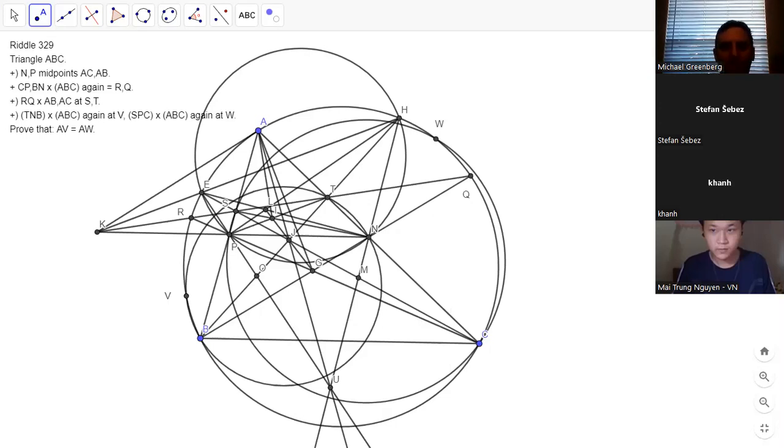Because when the circle T and B intersects circle ABC at V, it's not hard to prove that AVCH is harmonic. So even if we define it the way it is in the problem, we know AVCH is harmonic, right? Yeah, true.